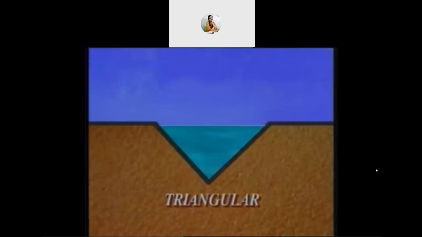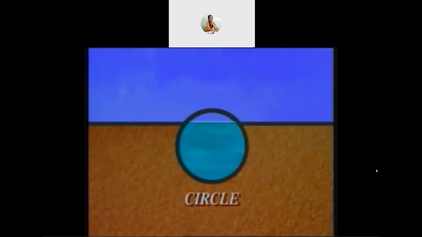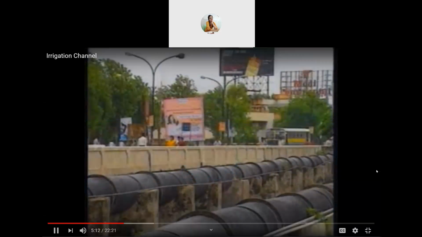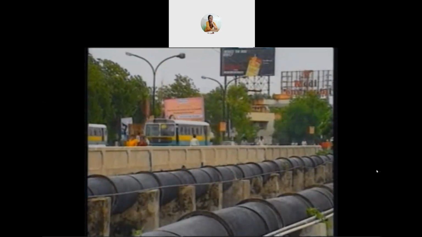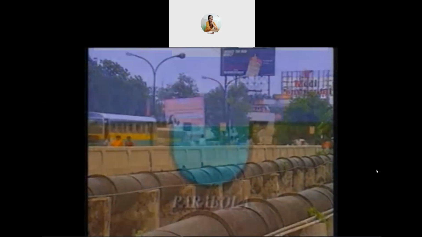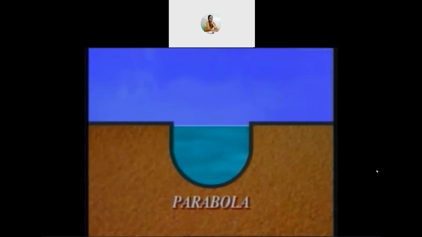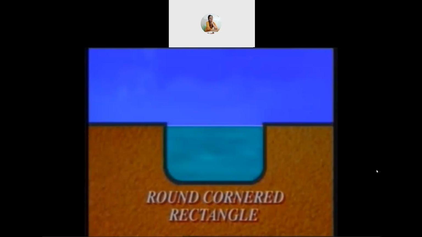Triangular sections are used only for small ditches, roadside gutters, and laboratory works. The circle is a popular cross-section for sewers and culverts. In practice, other shapes are also used, where the sharp corners are rounded off. These are parabolas, round-cornered rectangles, and round-bottom triangles.